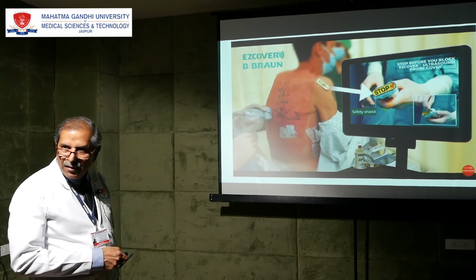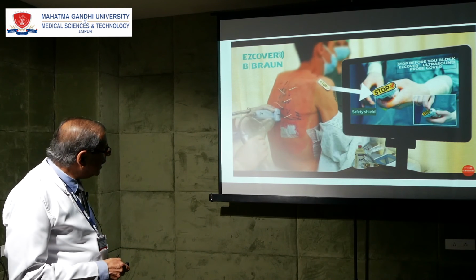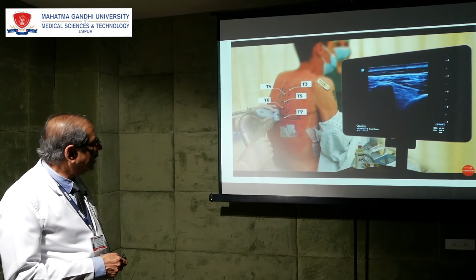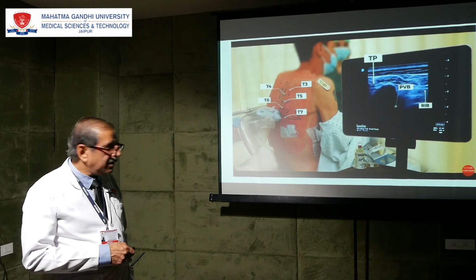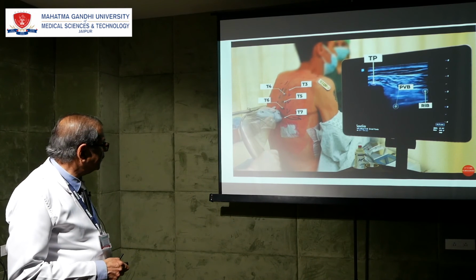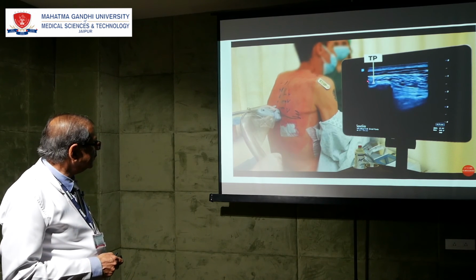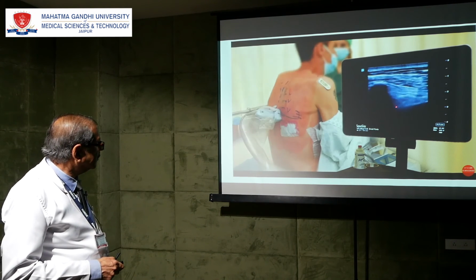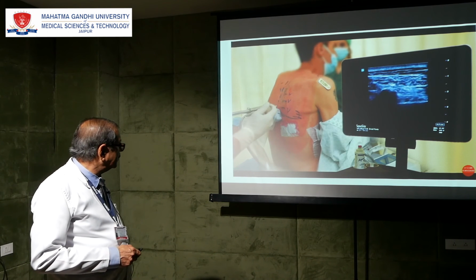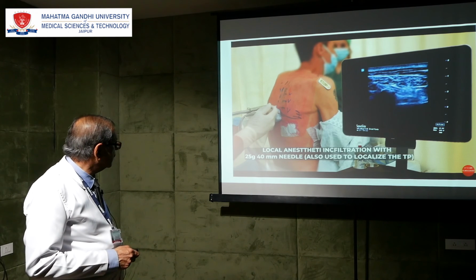And finally, do one more level. You have seen real time spread of the drug. This will be adequate. This is possible only in the ultrasound guided approaches. That is a transverse process, and that's pleura.